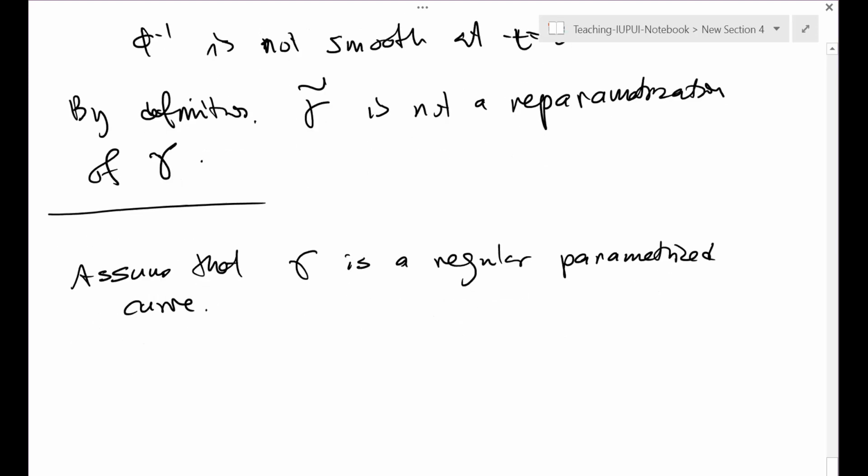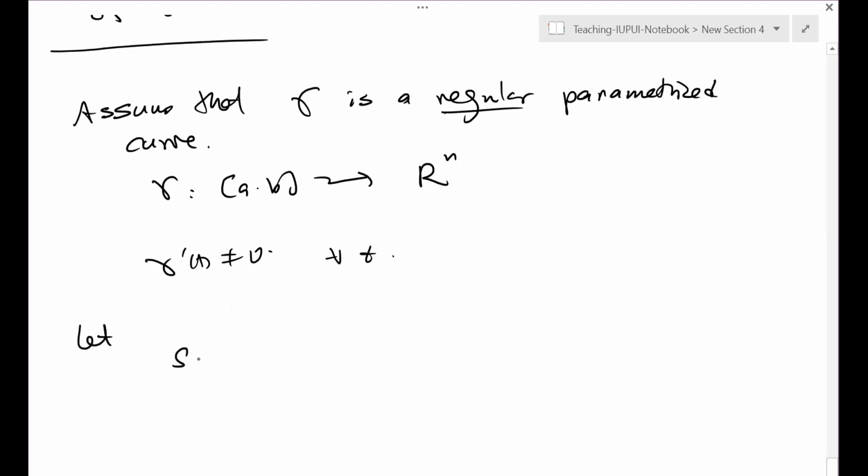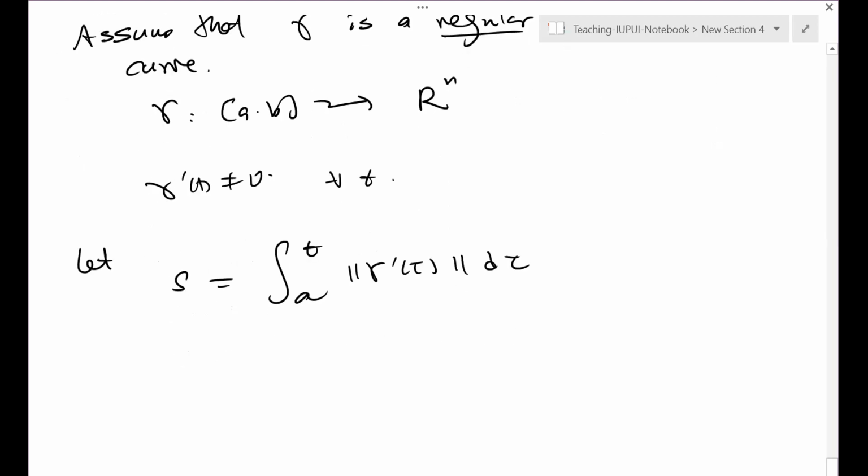So gamma is from a to b. We assume that it's regular, so that means gamma prime of t is never zero, for all t. Let's find out. Let's define.